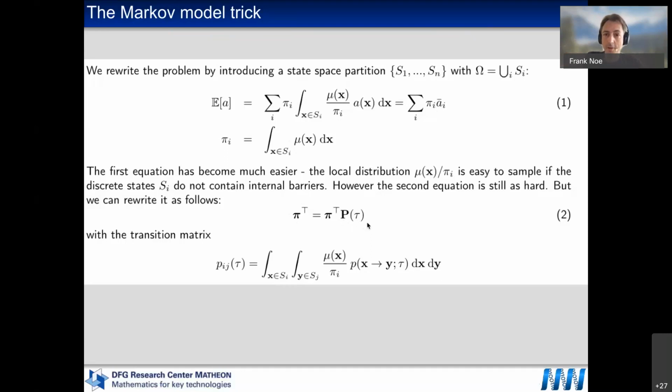Whereas if I want to do all of this without a transition matrix, I have to start somewhere and run a very long trajectory that manages to transition between all of the 5 states often enough so that the statistics, how often I have been in every state, are converged.